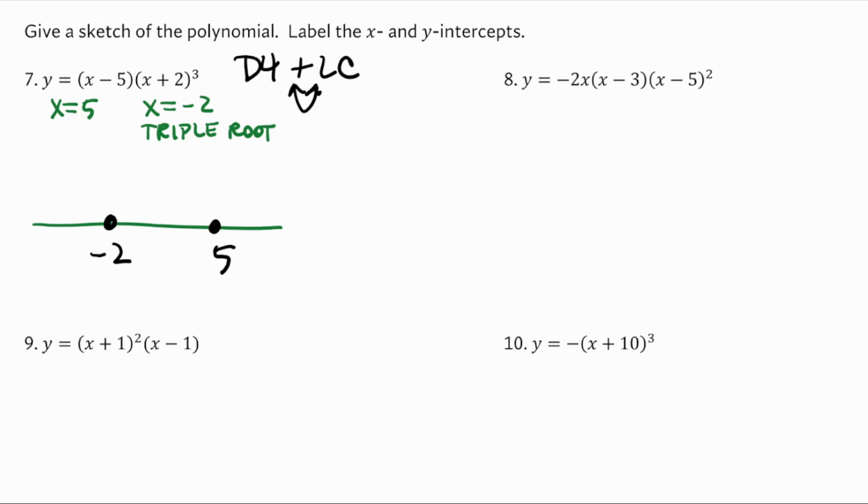And then the graph is coming through, and no, -2 is the triple root, so it might help if I just brought that over a little bit. Yeah. And x equals 5 is the single root. On the outsides, it's going up on both sides, and then it's looking like a single root at x equals 5 and a triple root at x equals -2, so this is a good sketch.